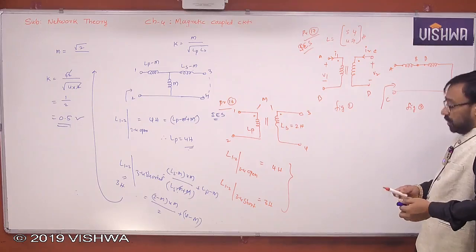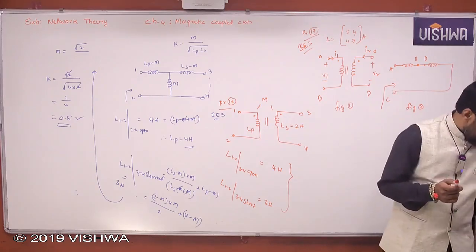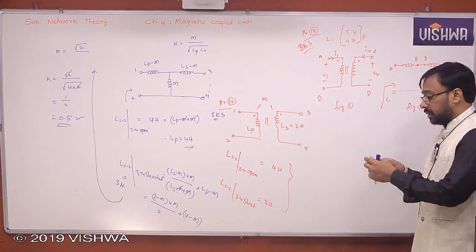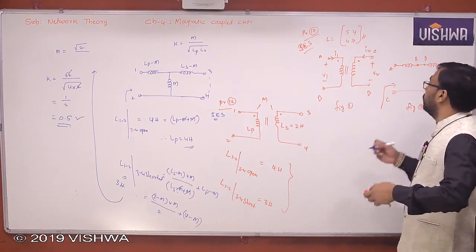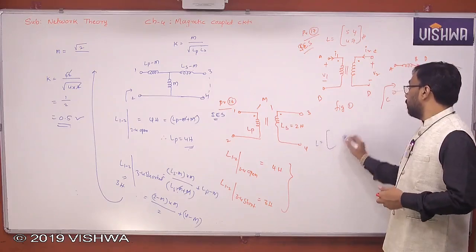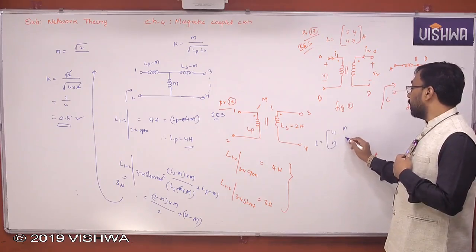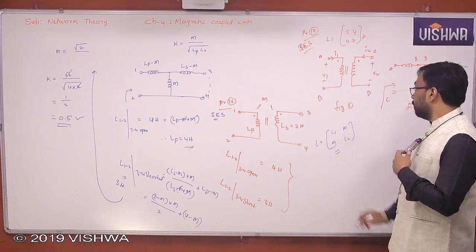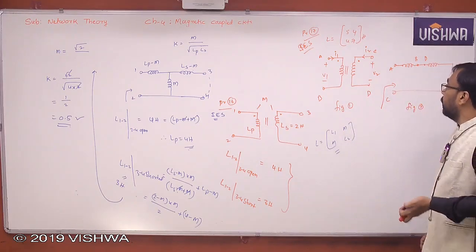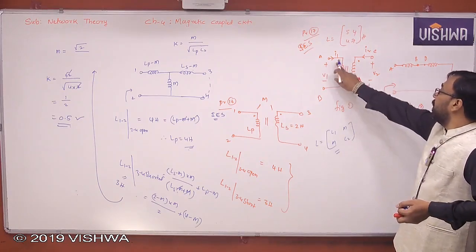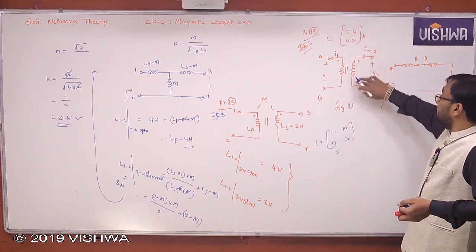So very simple. You already know the inductance matrix relationship. What is the inductance matrix of any magnetically coupled circuit? L1, M, M, L2. Yes or no, all of you? This is the inductance matrix of magnetically coupled circuits when you have dots like this. If you have dots reversed, then what will happen?